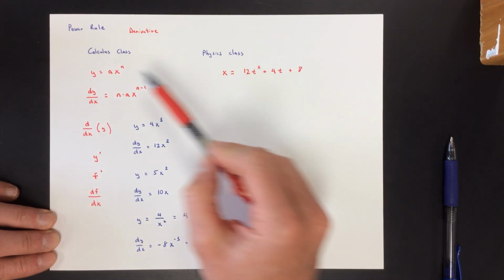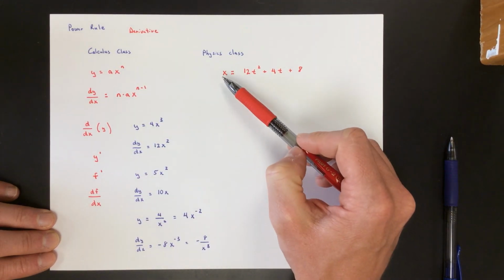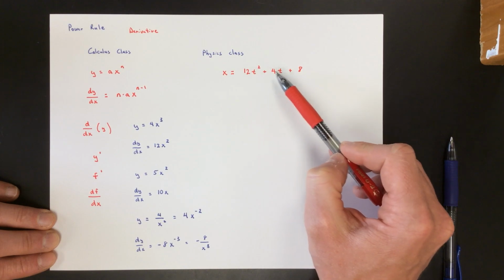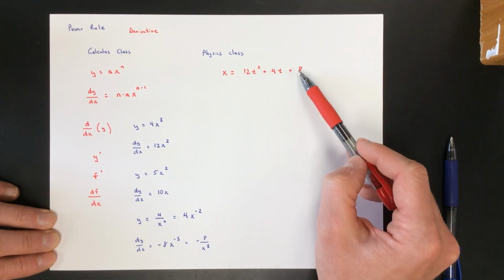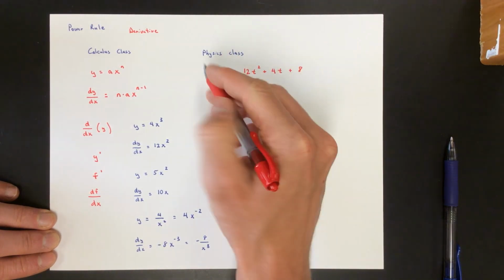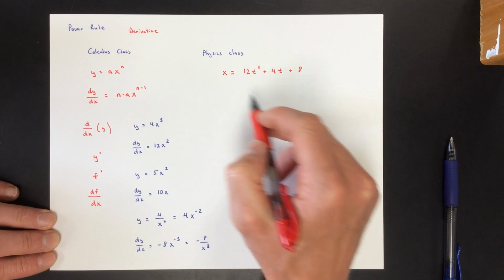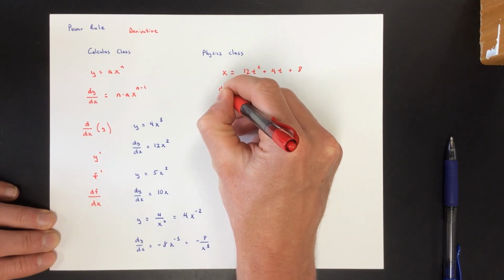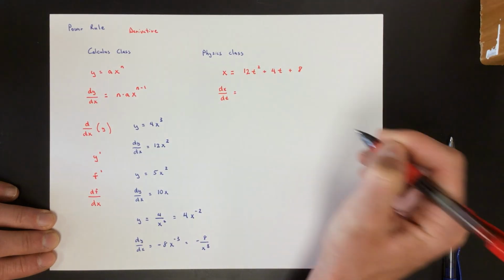Over here I just showed you the derivative of one kind of thing. But what if x is a function of this plus this plus this? Well, it will turn out that you can take the derivative of each piece. So what are we taking the derivative of? We're taking the derivative of x with respect to time, dx dt. But what is dx dt in a physics classroom?